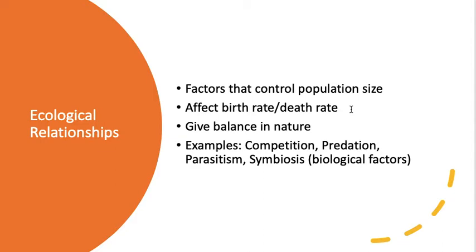And when we take them together, they give an overall balance in nature. Now, examples that we're going to look at of ecological relationships are competition, predation, parasitism, and symbiosis. So these are all essentially biological factors that affect the size of the different populations in a particular ecosystem or habitat.